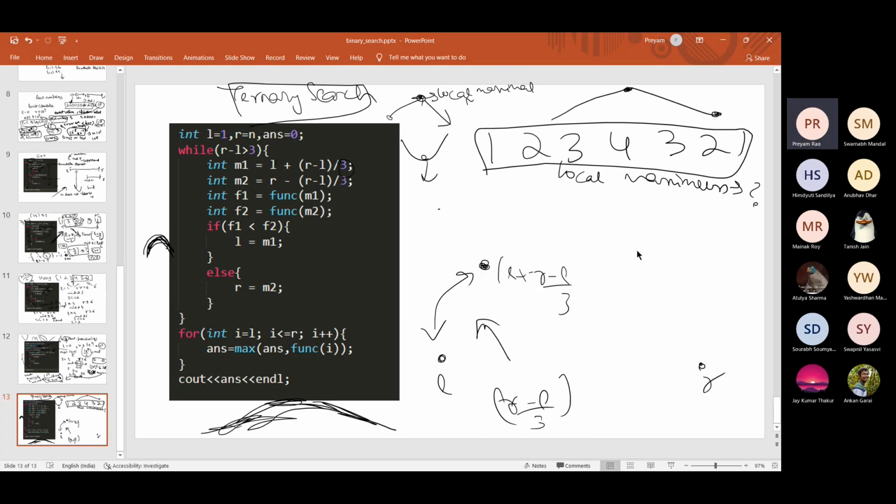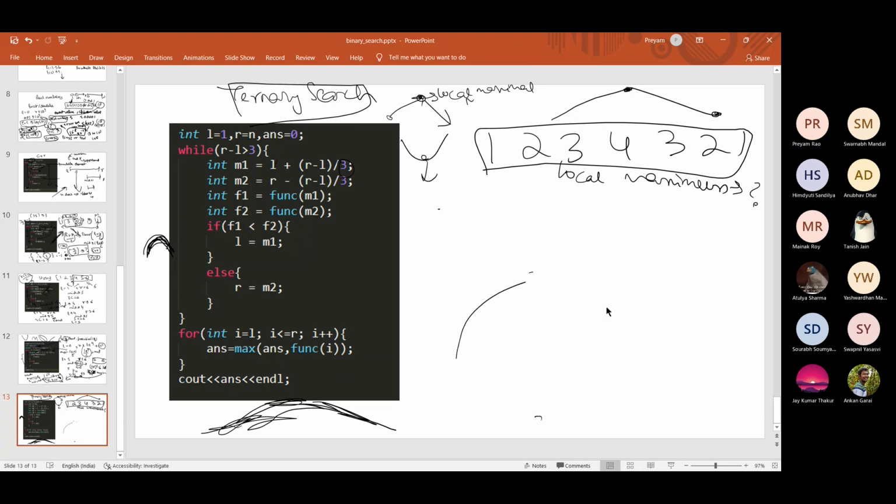Before we were dividing into 2 parts. Now we are going to divide it into 3 parts. So this is the first part, second part, third part. Then we'll check what's the value over here.